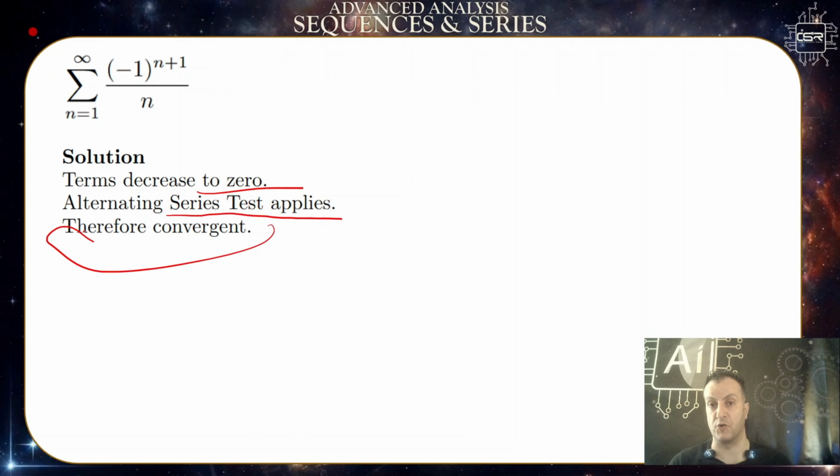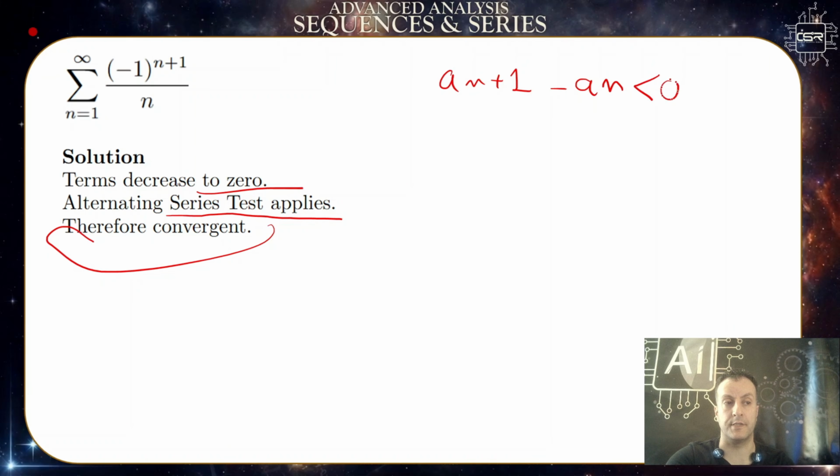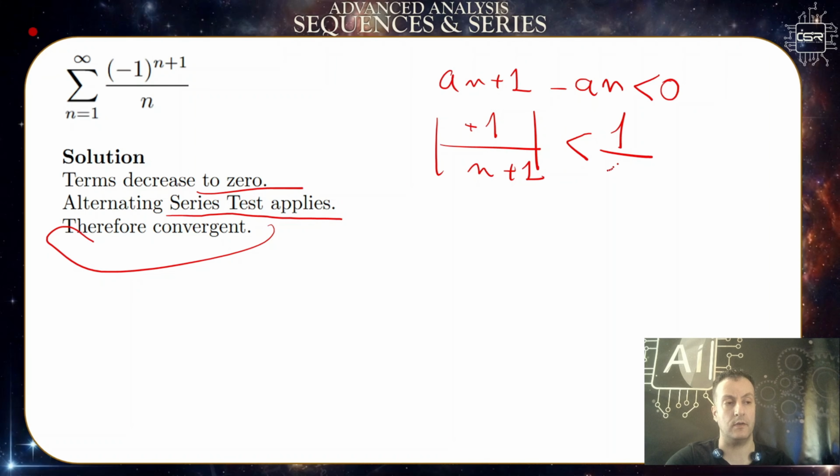Therefore, it is convergent. But again, what is the alternating series test? I felt that I should get back here to clarify some things. First, we should have that a sub n plus 1 minus a sub n should be less than 0, meaning that as we advance, the term is decaying. So a sub n plus 1, in absolute value, is less than a sub n, which is 1 divided by n.